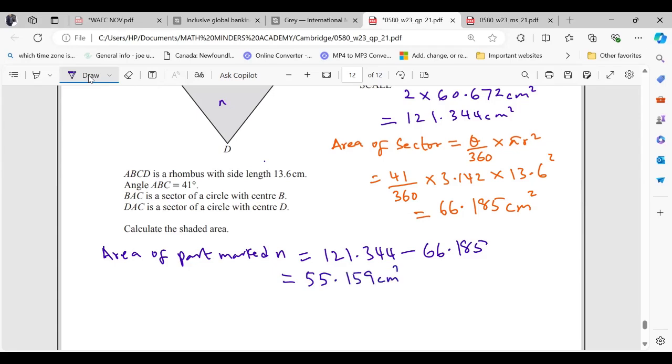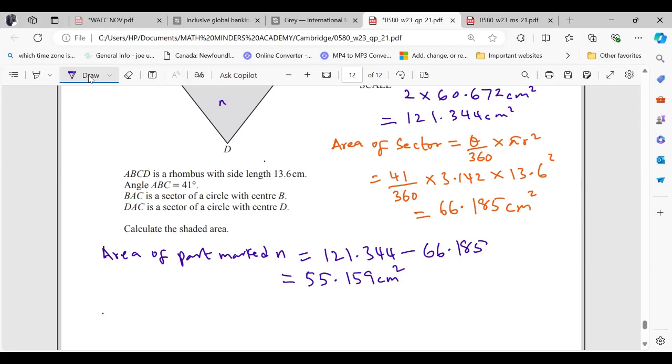Now, since the part marked N is the part shaded below, and it's the same thing as the part marked M, which is the part shaded above, the two shaded parts are congruent.